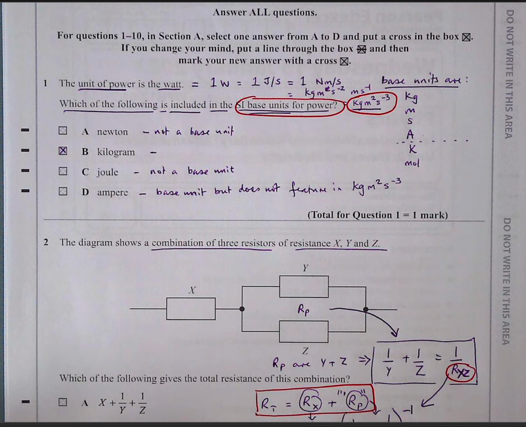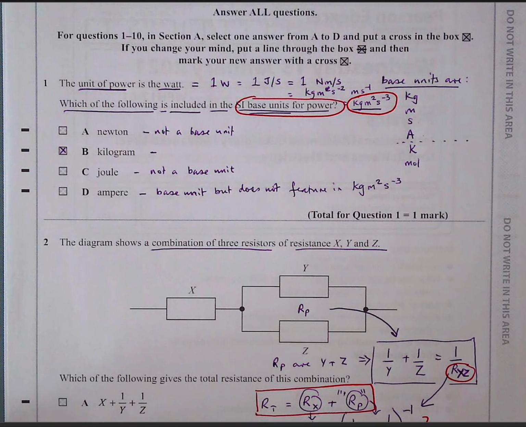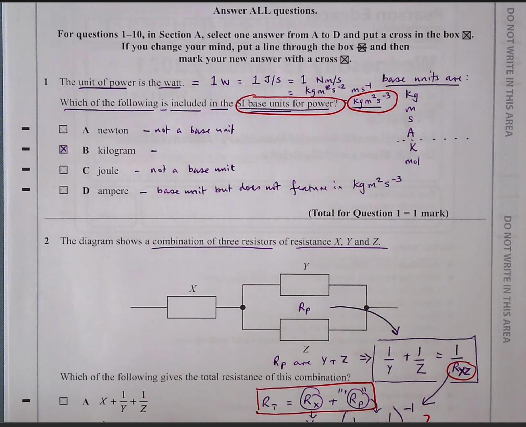So it becomes YZ at the top and Z plus Y or Y plus Z at the bottom. So the only answer is this. So you need to know how to do this. You need to know about resistors in parallel, how to transform such fractions. So you need to be able to do that from maths. And when you do that, you'll see the answer is C.